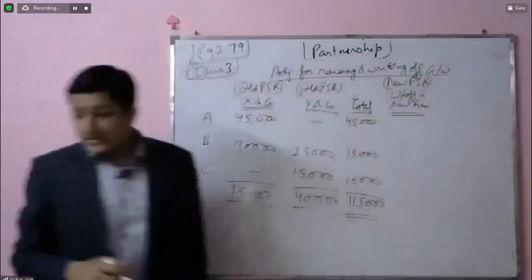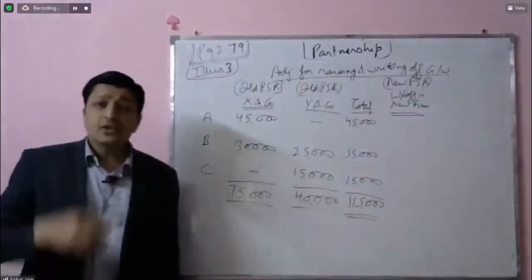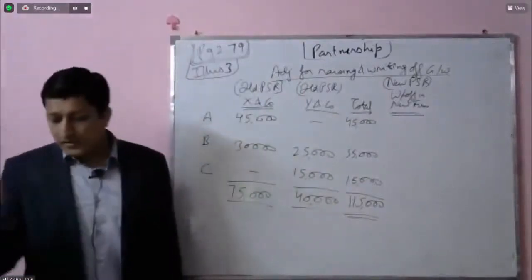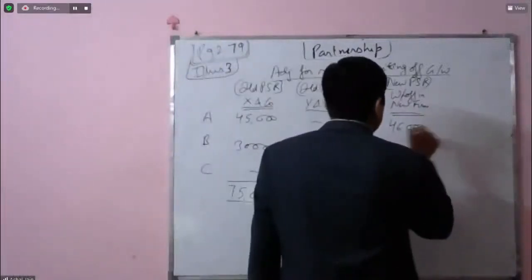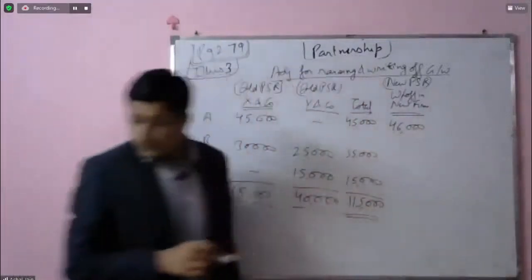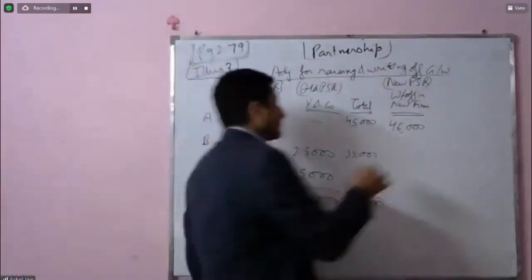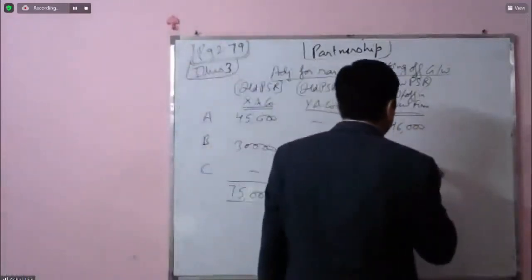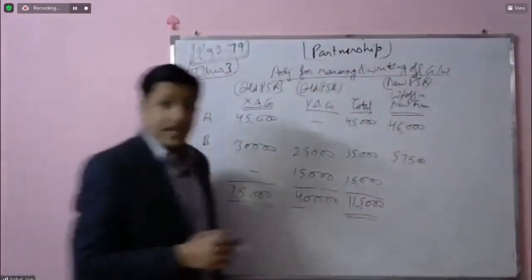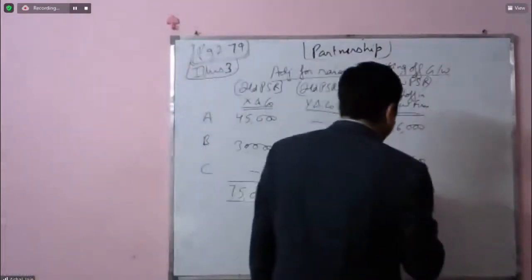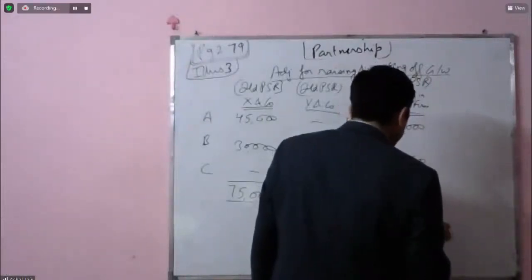So 1,15,000 in the ratio of 4:5:1. So what do we get? 46,000. Then we get 57,500. Then we get 11,500. So all in all, this will be 1,15,000.